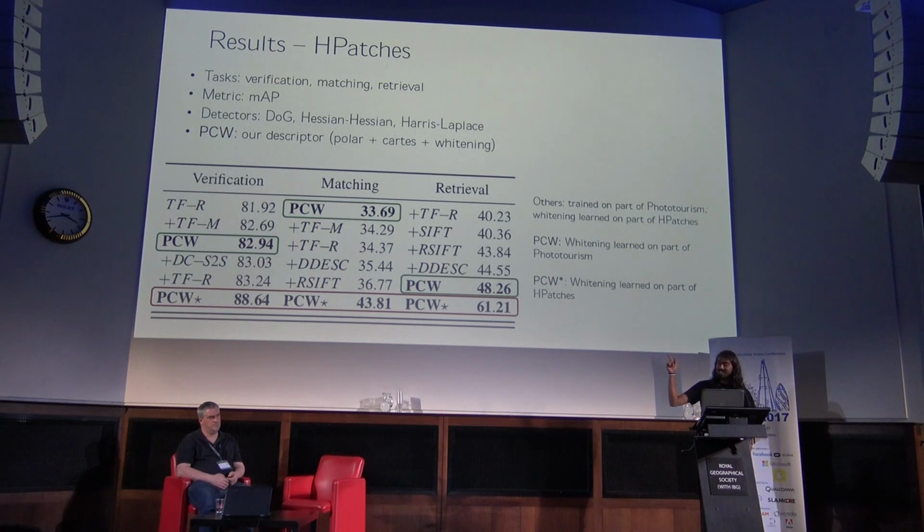The ones with a star and a plus are those that have learned their whitening on part of HPatches, and the one in green is the descriptor which we got from Phototourism, which we just directly validated here. So this goes to say that even though we train on a different data set, this thing is still generalizing. And when we train on HPatches, it turns out to be best.